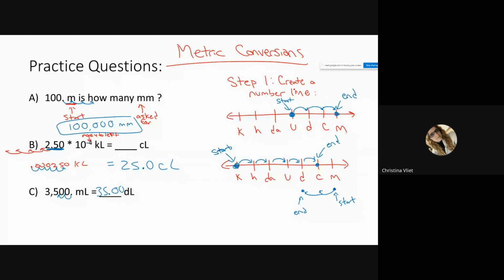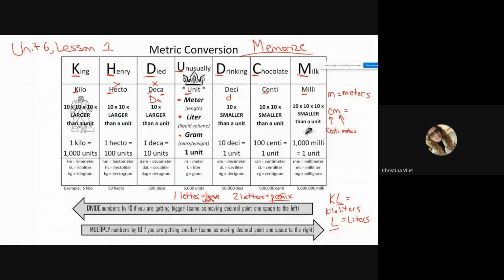That's it. So metric system conversions, that's the first ones we're learning, are the easiest types of conversions. If you don't like or don't get this method, you can utilize what we do with all the rest of the conversions with metric. However, you would have to memorize every single one of these.